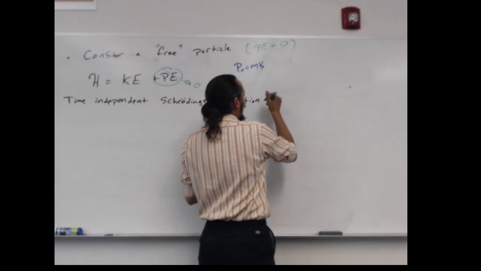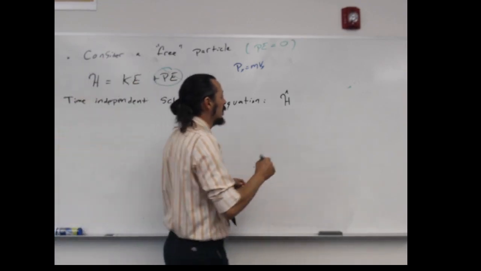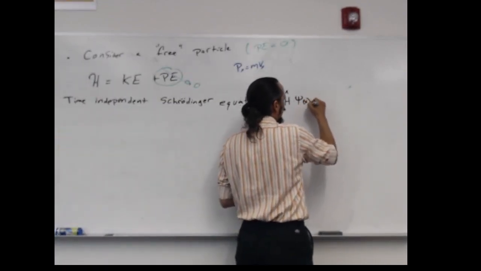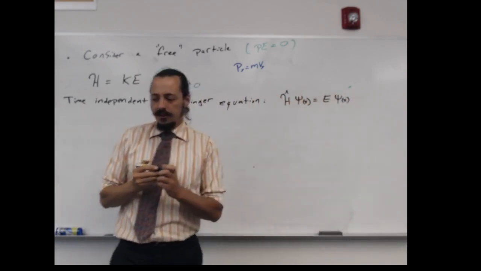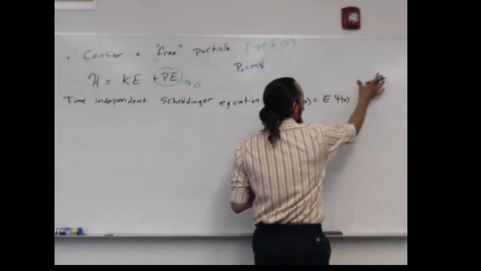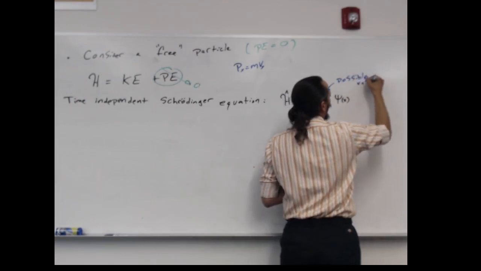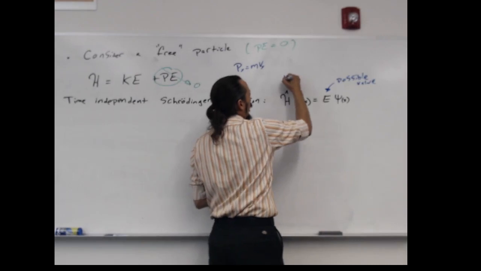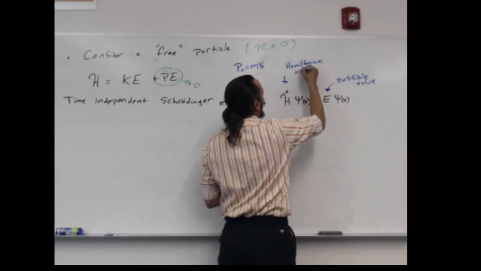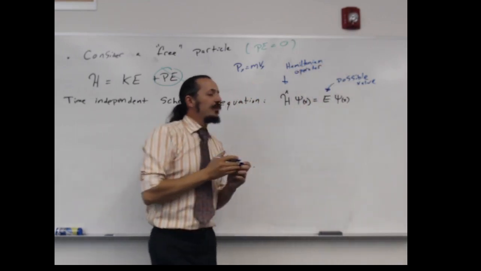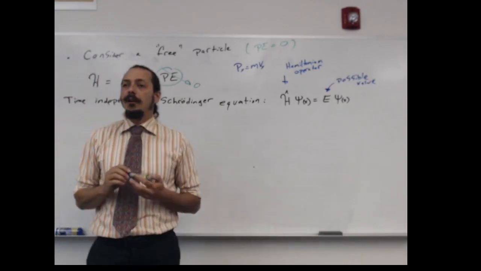So what that's going to say is, if I take my Hamiltonian operator on some wave function, I will get the energy out and the same wave function back. Again, that energy is going to be a numerical value. It's going to be some number, and it's going to be some possible energy we could measure in our system.